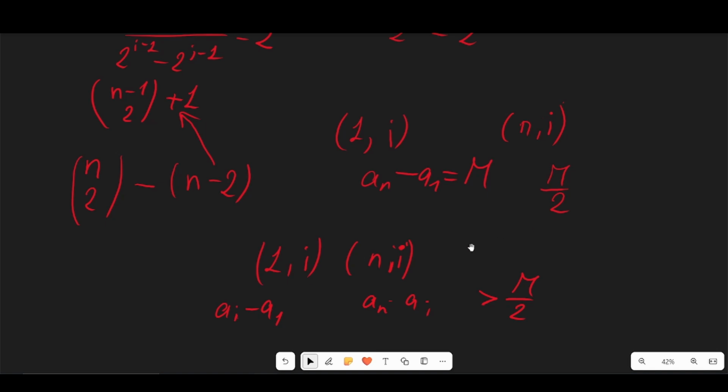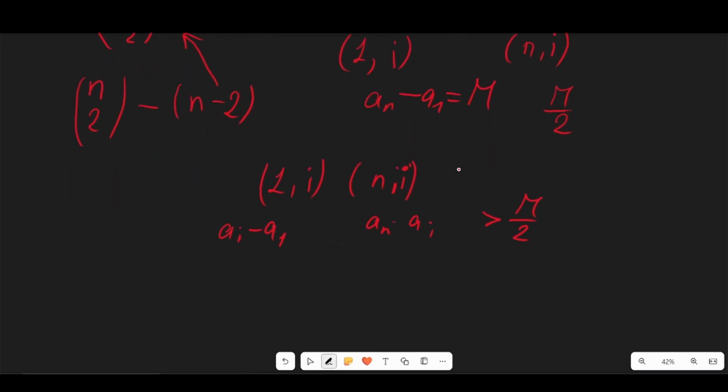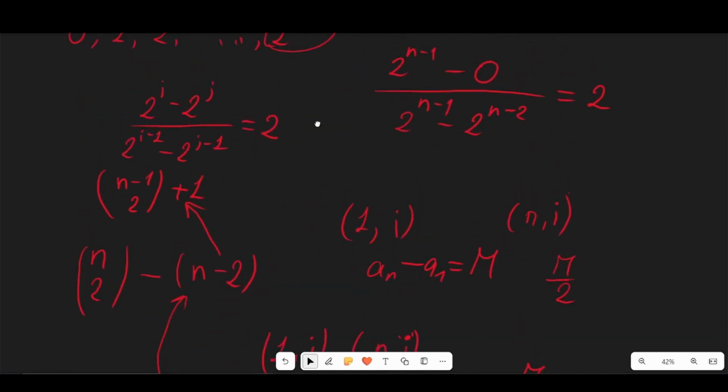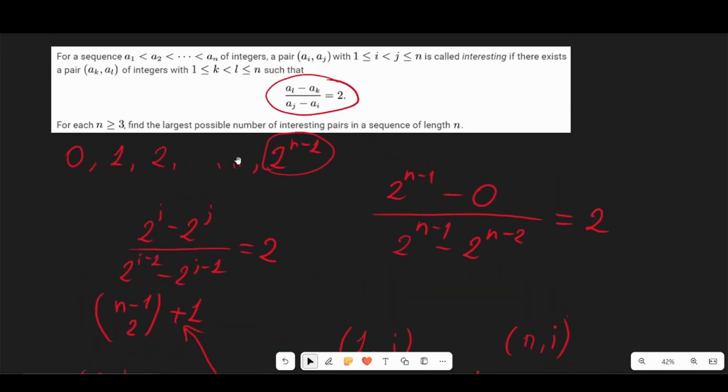So we can say that at least n minus 2 indexes would be uninteresting because there can be equality just once. So this means that we have to subtract at least n minus 2 bad pairs out of n choose 2, and this would be (n minus 1 choose 2) plus 1, and the construction was what I have done in the first step.